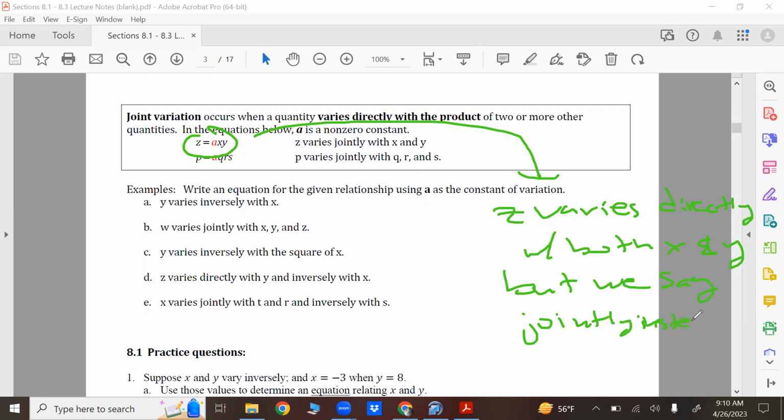So if X were to double, Z would double. If Y were to double, Z would double, right? Actually, I did think of a good example.